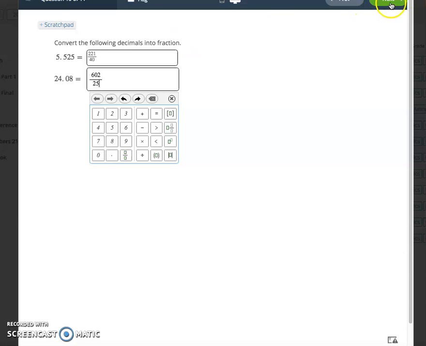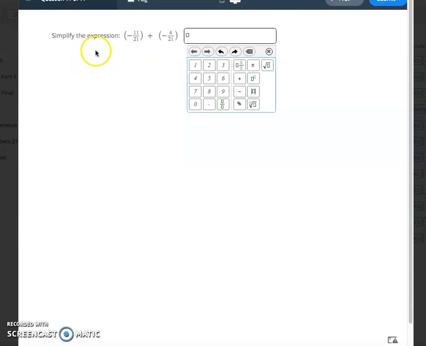Moving along. Simplify the expression. So here we go. We have negative 11 over 21 plus negative 4 over 21. The good news is we have like fractions here, so I don't have to worry about finding a common denominator. Let's just do what's on top.